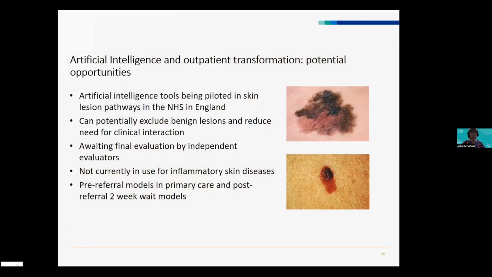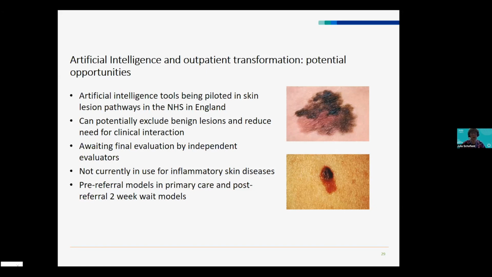Just a word about artificial intelligence. NHS England is funding some pilot projects of the use of an AI tool in various centres around the country, and you may have come across it. We've got some very good data suggesting that it can exclude benign lesions and reduce the need for patients to be seen by a clinician. We're awaiting a final meta-evaluation of this.